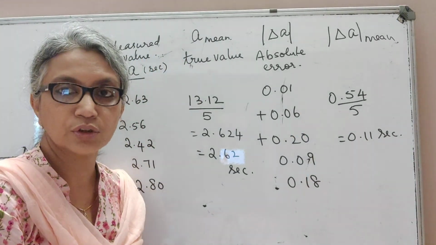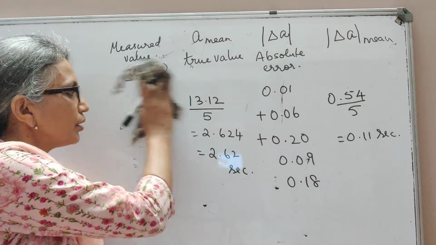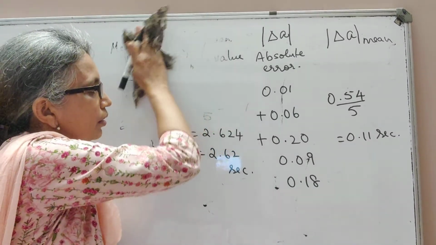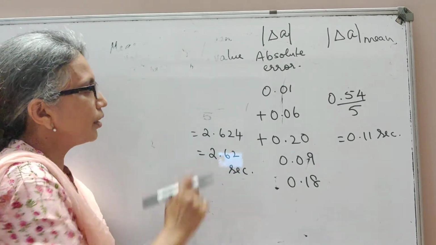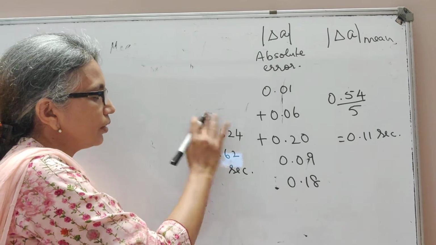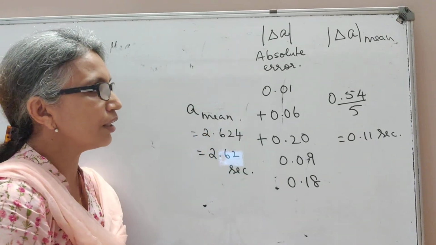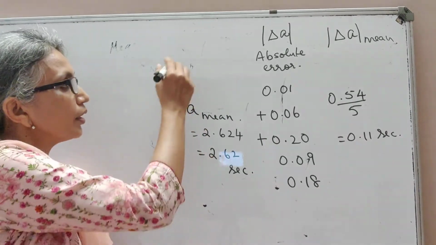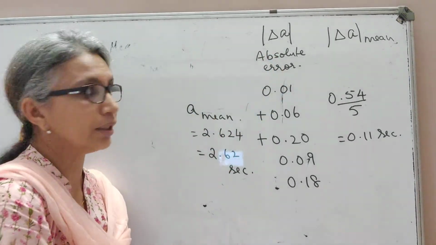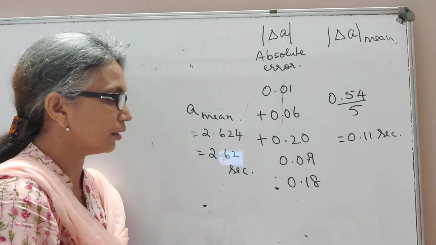Now I'm going to define what you mean by relative error. Relative error is defined as, okay, this is our A mean. Now, relative error is defined as delta A mean by A mean. That is what we have as relative error.